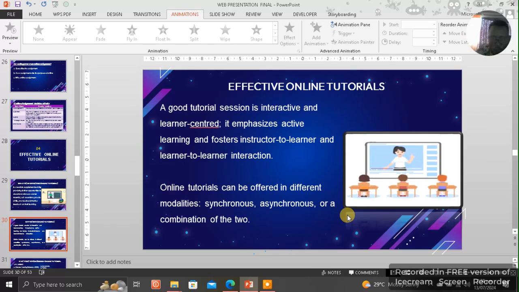Online tutorials can be offered in different modalities, as I said earlier: synchronous, asynchronous, or a combination of the two. Later I'll look at what asynchronous and synchronous are, because I've explained earlier, but emphasizing it will give us a better understanding.